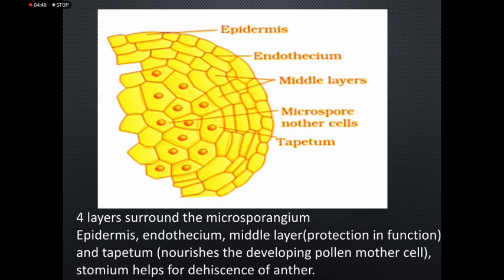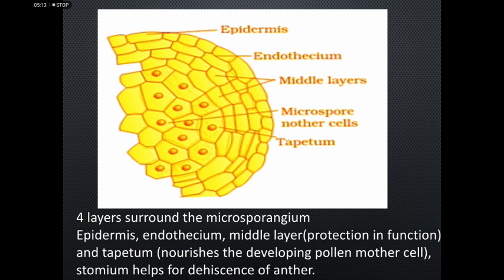This is an enlarged portion of one side of the anther. In this picture there are layers you can observe. The first layer is epidermis, the second layer is endothecium, the third layer is the middle layer, and the fourth one is tapetum.